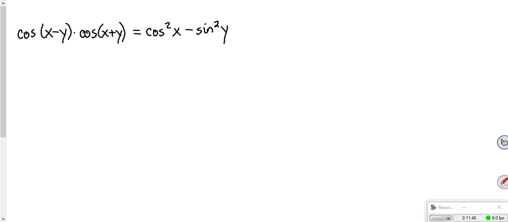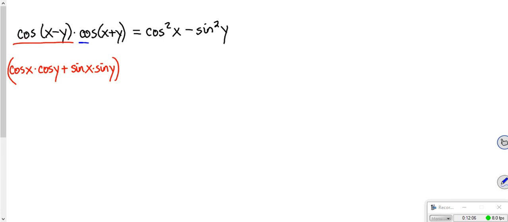But this one, let me write it out in red. We've got cosine x times cosine y plus sine x times sine y. Okay?